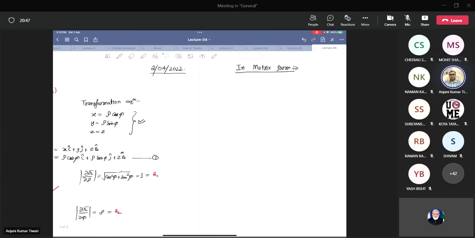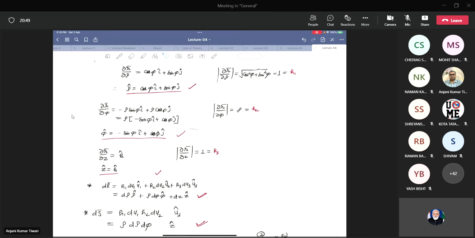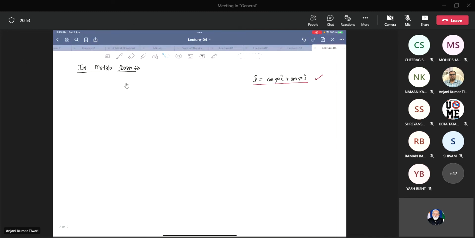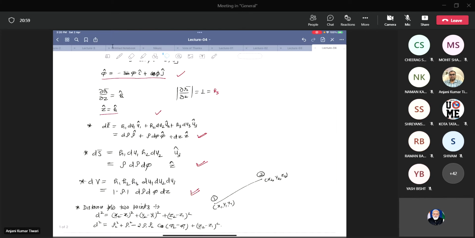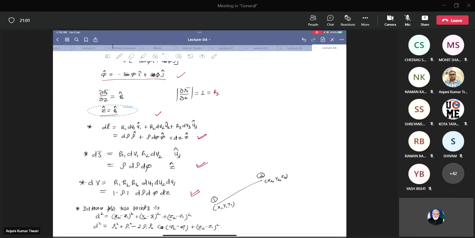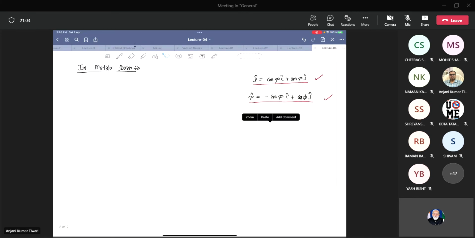This is our first equation, second equation, third equation. By the way, this z cap and k cap are the same. In one case I use k cap, in the other case I am using z cap. So by now you know that.